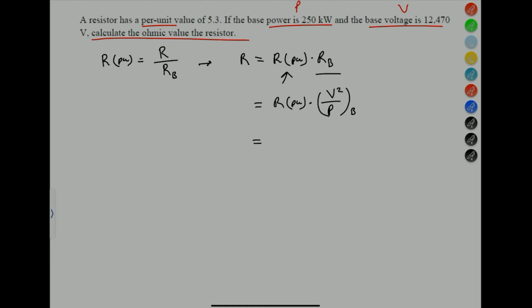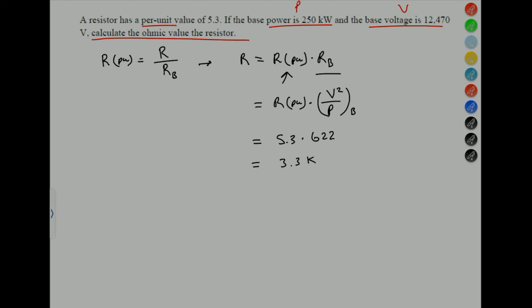That is 5.3 multiplied by 6 to 2. So the value of our resistor is 3.3 kiloohms.